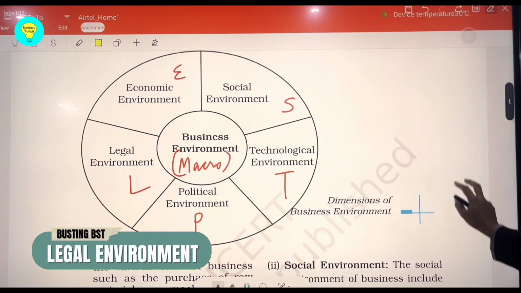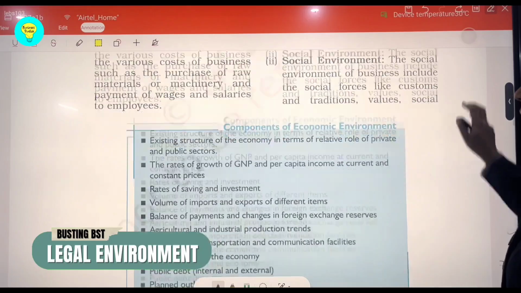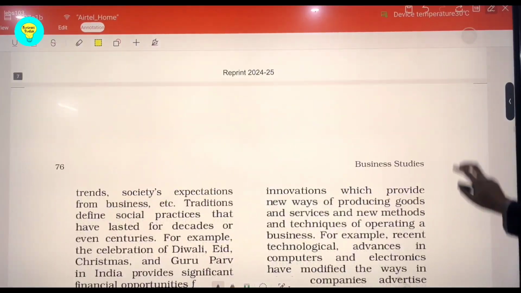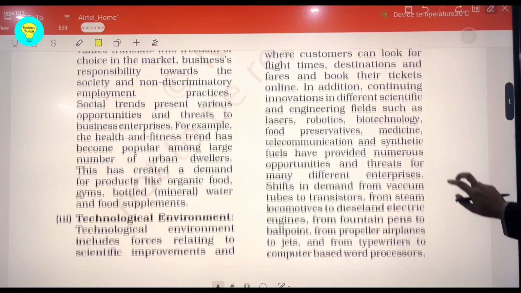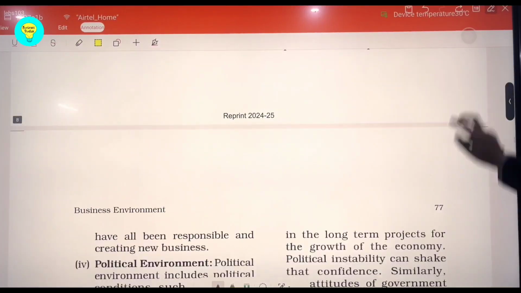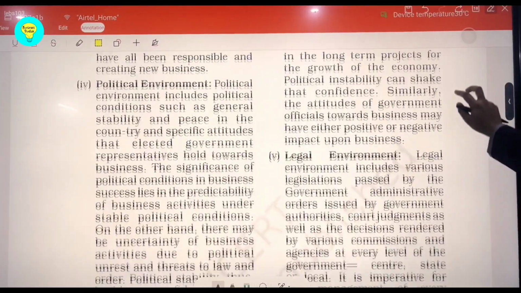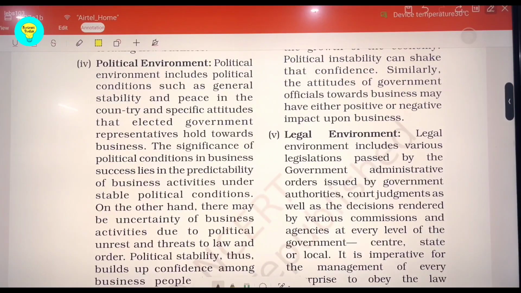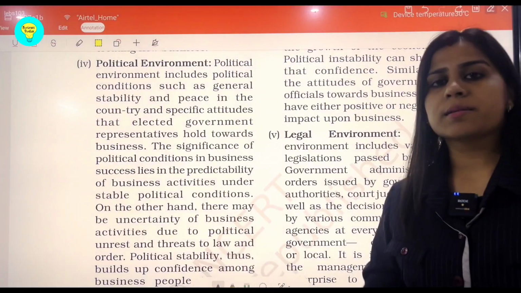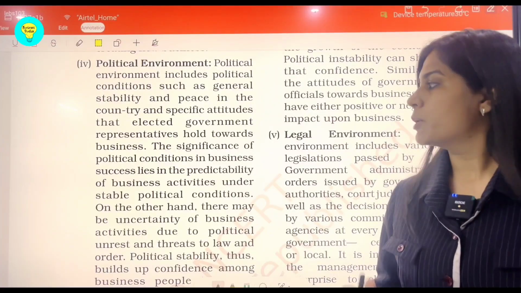Now the very first one being P for political. Dear students, in NCERT there have been many lines on these particular components and you must go through all the lines once because generally the case studies are formed in between the lines.